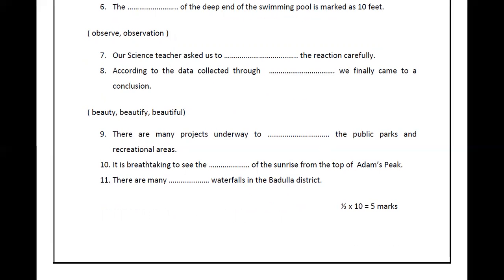So here we are explaining how the sunrise looks. So that should be what? That should be a noun. We are talking about something of the sunrise. Okay. Then the final one. There are many blank waterfalls. Right? So we are explaining what waterfalls are. Then that should be an adjective. There are many blank waterfalls in the Badulla district.